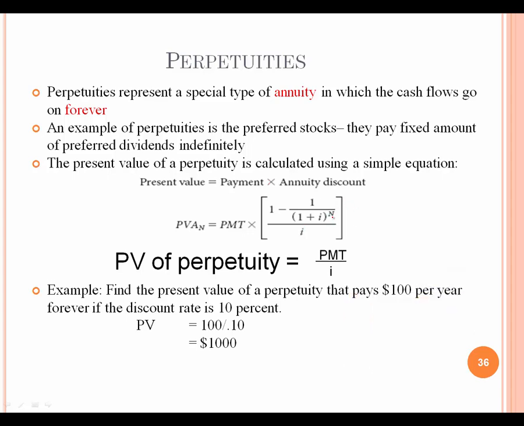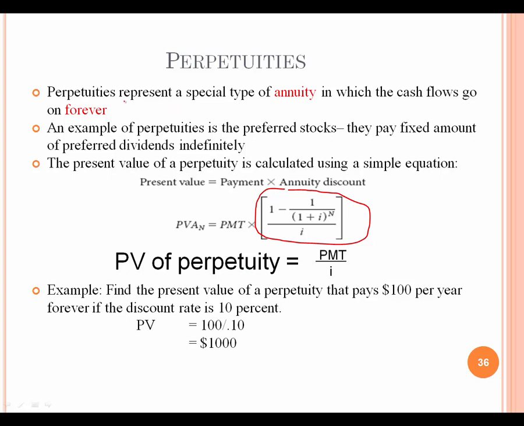When n goes to say 100, 1,000, 10,000 till infinity, this annuity discount factor is pushed to a limit of 1 over I. So when n goes to infinity, or forever, the present value is payment multiplied by 1 over I, or payment divided by I. And for that, we call it the present value of perpetuity.